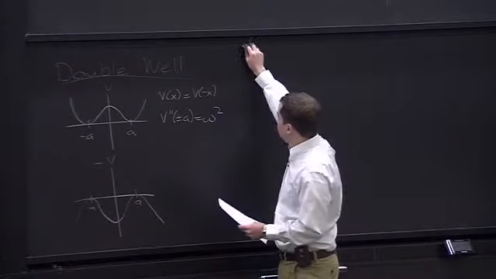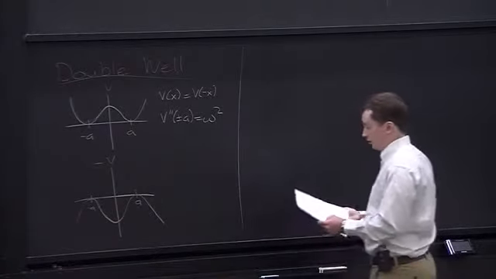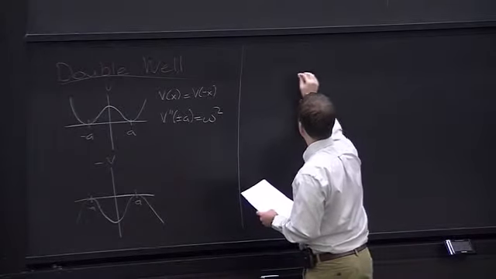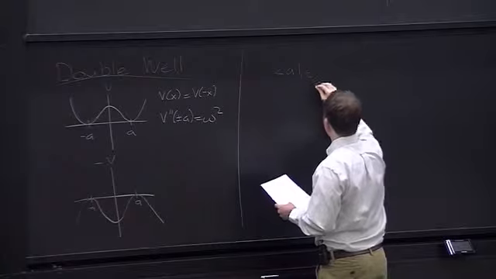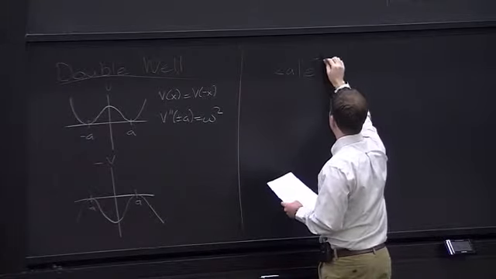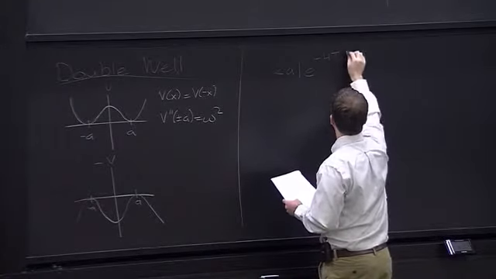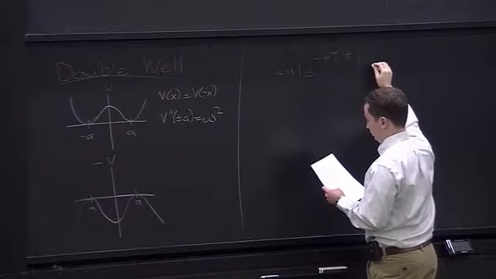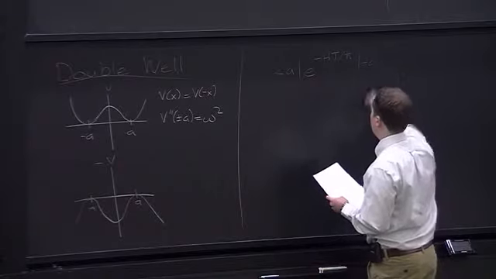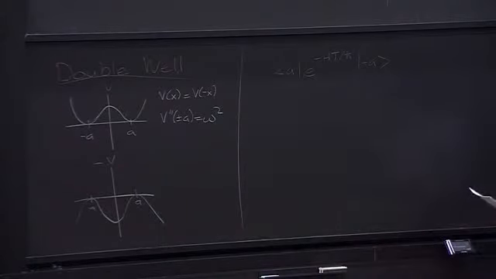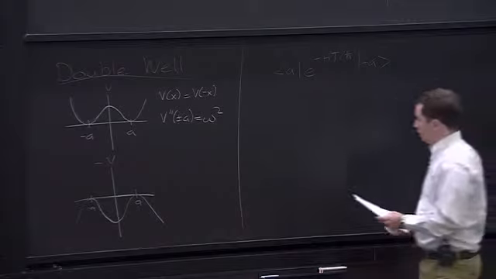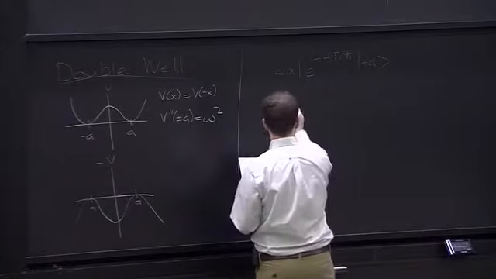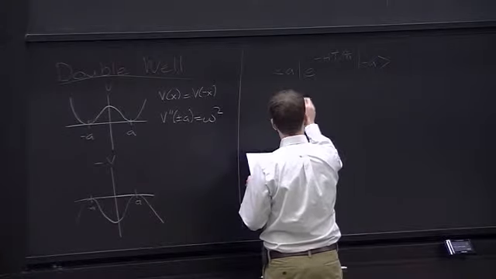So what we're interested in computing is, again, the ground state energy. And again, we'll try to compute an amplitude for a particle to go from minus A to A in a Euclidean time T. And so what we need to do is solve the Euclidean equations of motion.